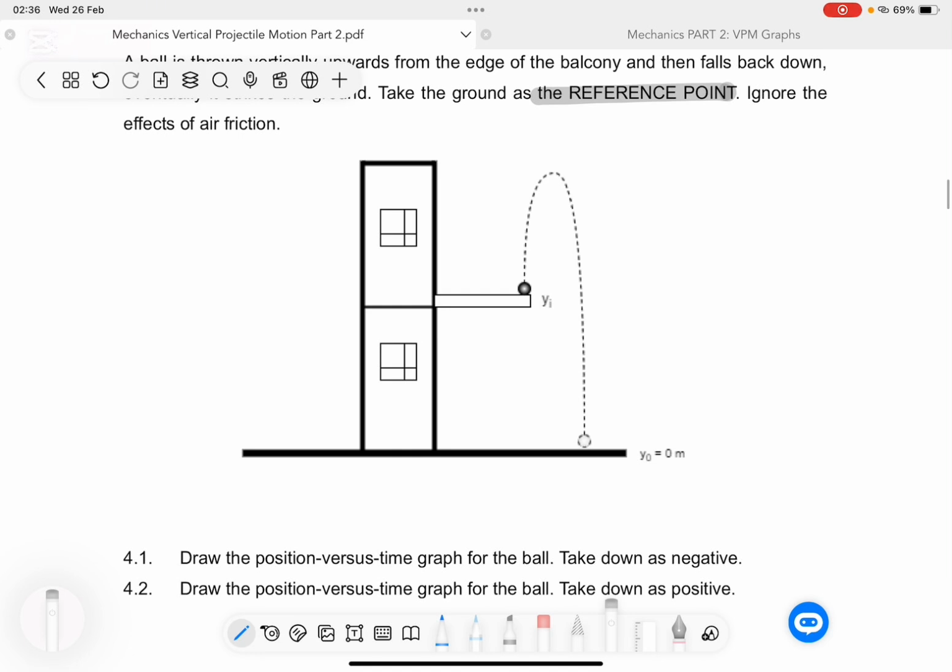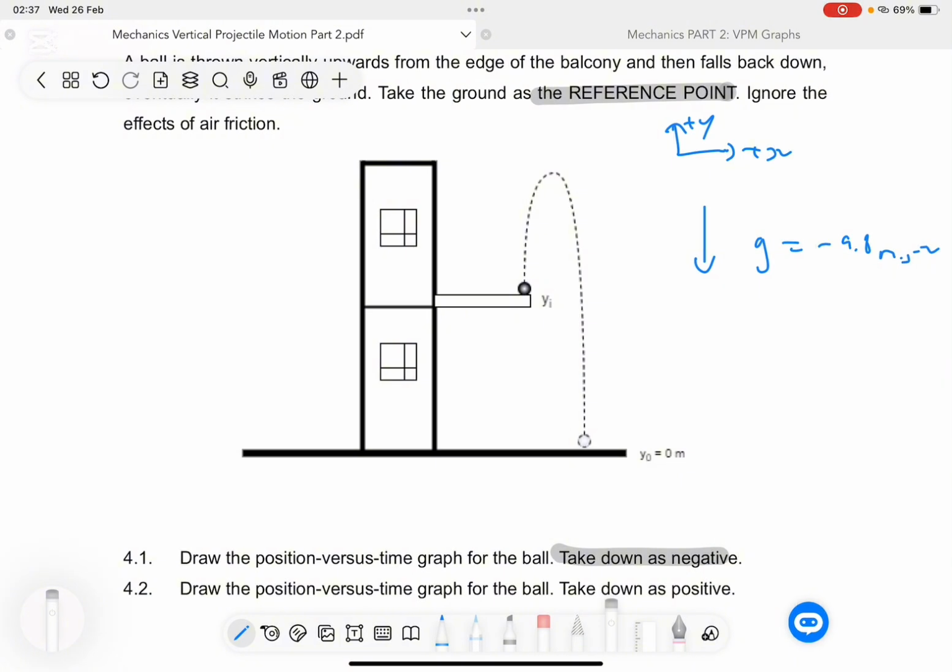Take down as negative. Again, the first thing that we're going to do here is acknowledge that g is equal to negative 9.8 meters per second squared, because it is actually going down and down is negative. Remember here we are choosing our direction such that up is positive since down is negative here.